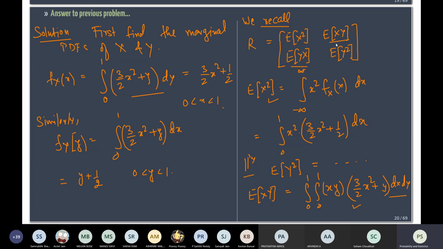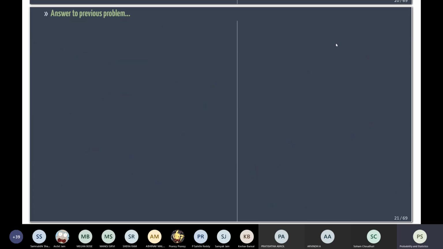So you can compute the correlation and covariance. Covariance of xy is expectation of xy minus expectation of x times expectation of y. You have computed this before, so it can be computed.